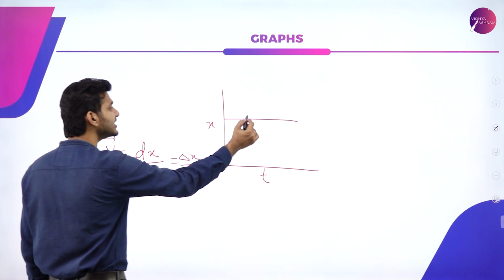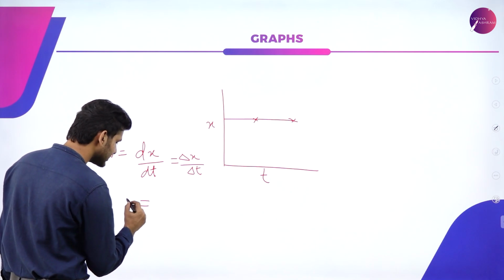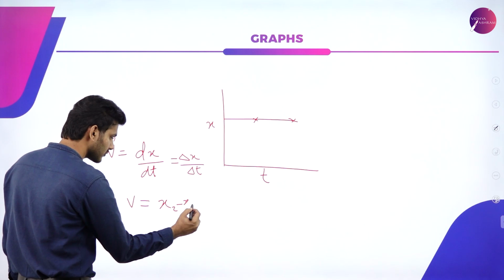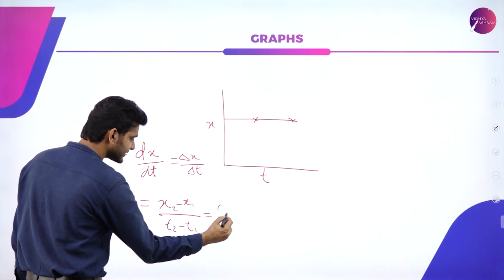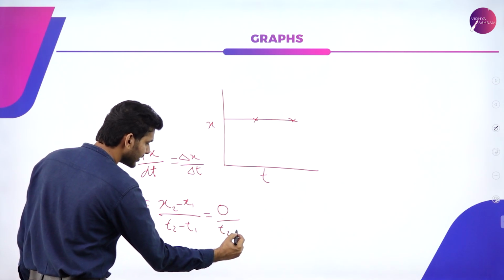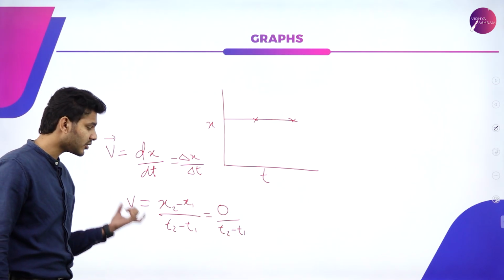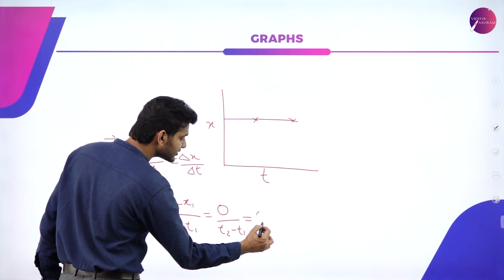Here the change in displacement is 0, which means velocity is equal to x2 minus x1 by t2 minus t1. Here it is 0 by t2 minus t1. But since the numerator is 0, the entire quantity will also be 0. So the velocity will be equal to 0.